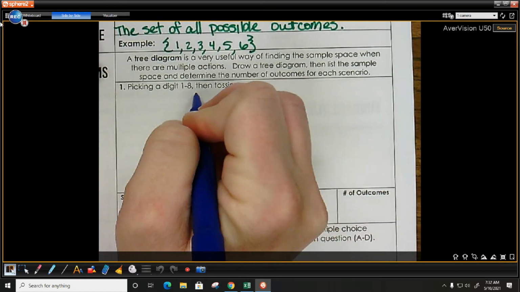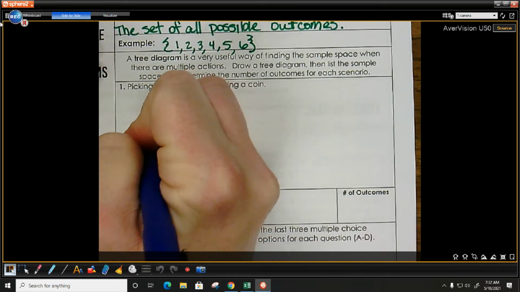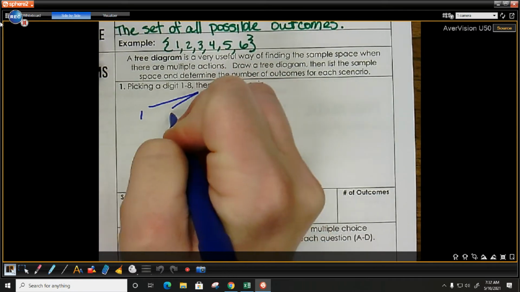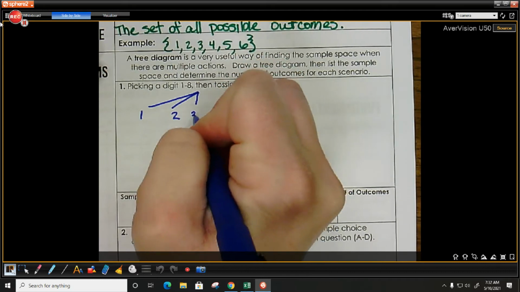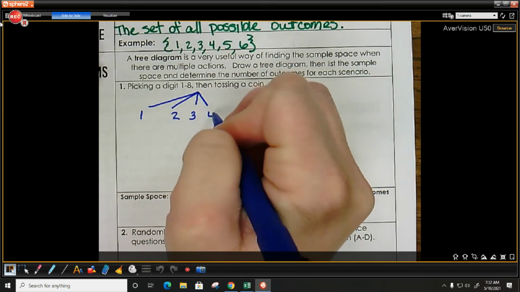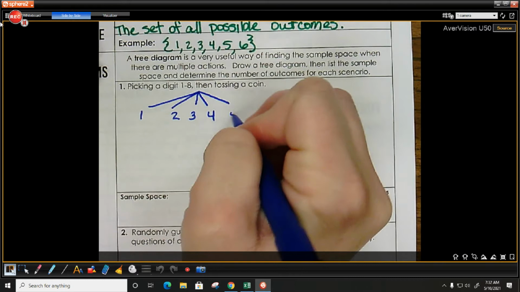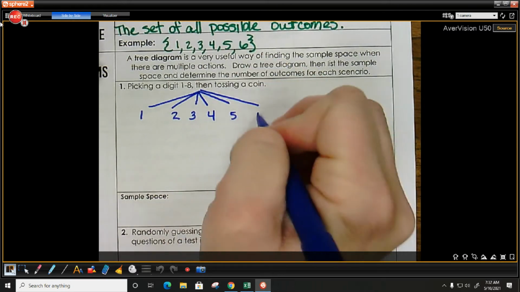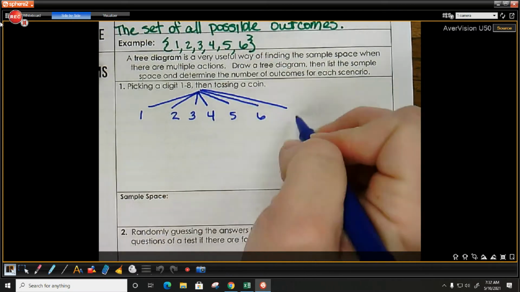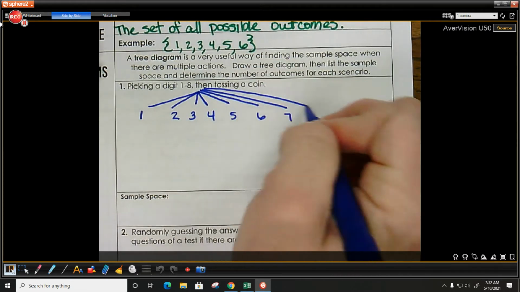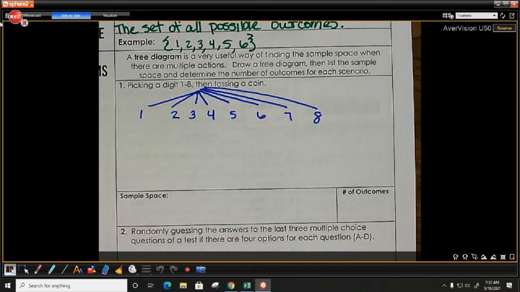If I'm picking a digit 1 through 8, I can pick 1. I could pick 2. I could pick 3, 4, 5, 6, 7, or 8. Those are my different possibilities.